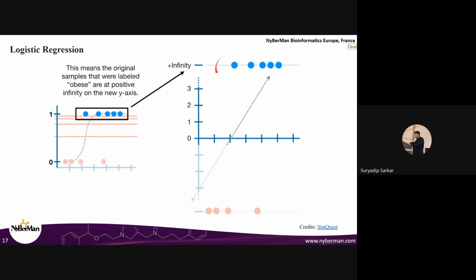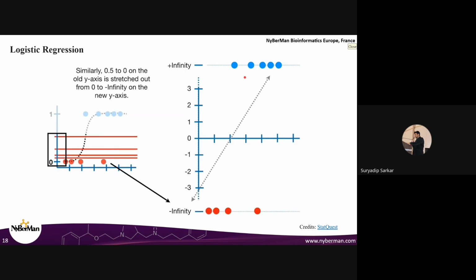This is where all these samples will lie. Very similarly, all the region between 0.5 and 0 will map to the region between 0 and minus infinity on the negative side.